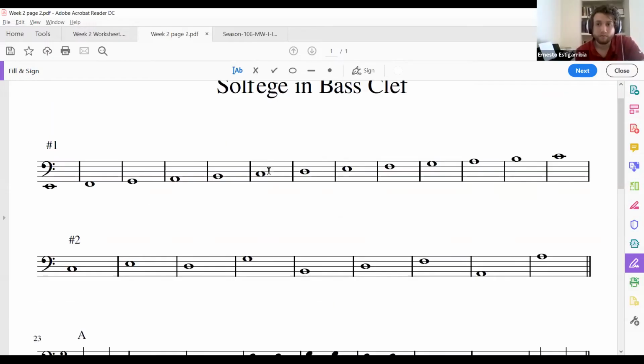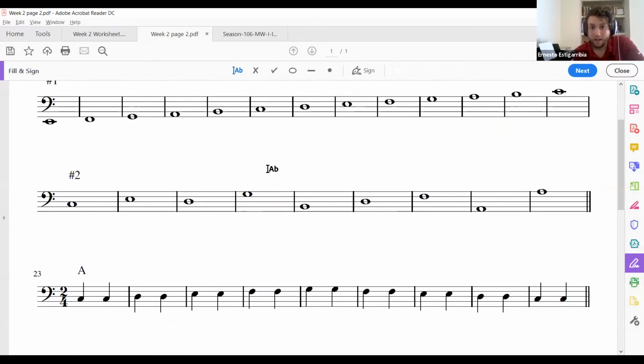Now we're gonna move on to the second exercise here, and using as a reference what you just created, please put the corresponding syllables to the second line. There's about 8 of them.